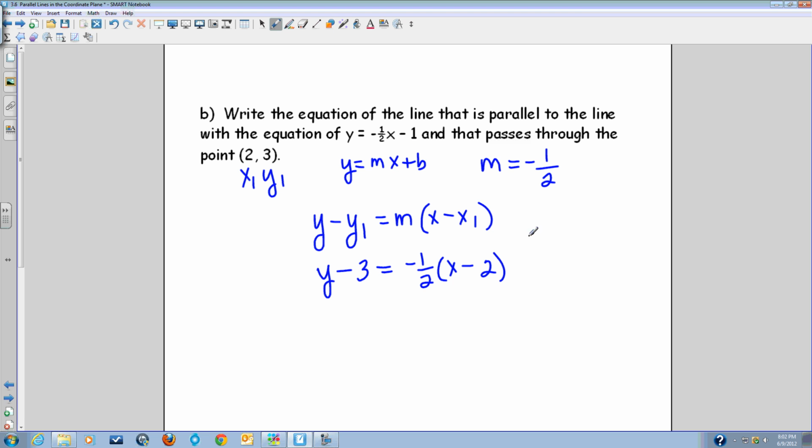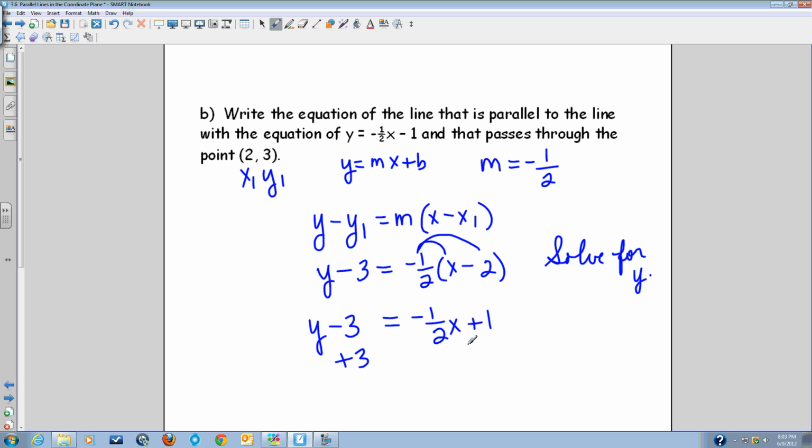Now we do need to solve for y. So we're going to distribute to get rid of the parentheses, and we end up with negative 1/2 x plus 1. So I have y minus 3 equals negative 1/2 x plus 1.